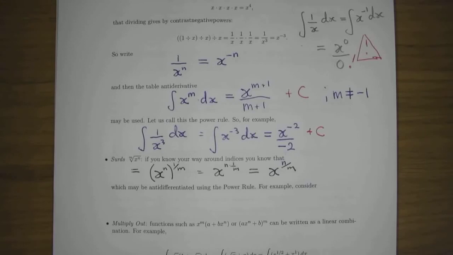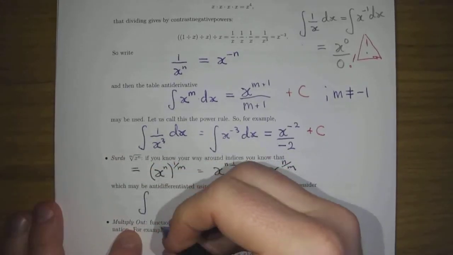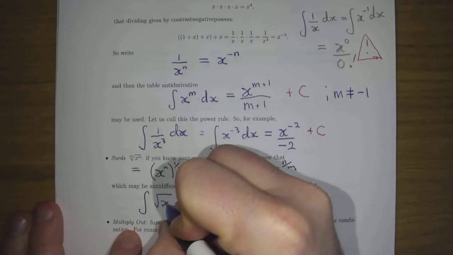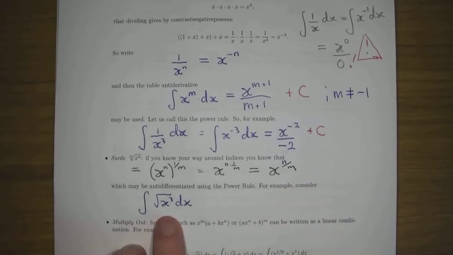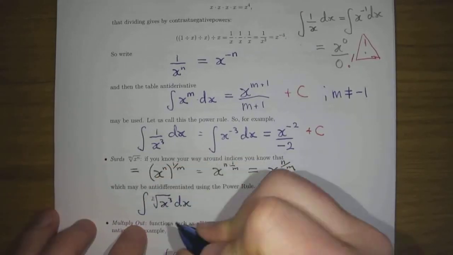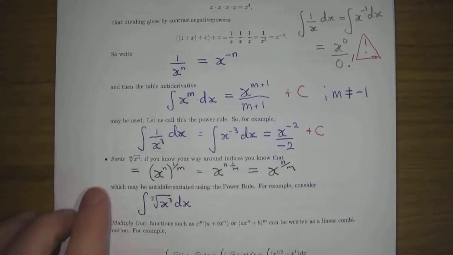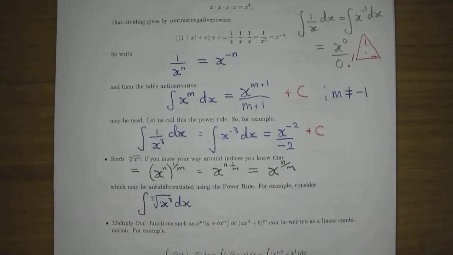So for example, if you wanted to antidifferentiate, let's say, the square root of x cubed. Now you don't take 2 steps, you do it in 1. So the square root is the second root. Basically, if you look at this, the power is here and the root is divided by.